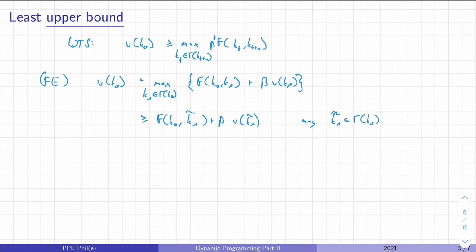But we also know that, again assuming that our choice might not be optimal, this is weakly smaller than, you might already see where we're going with this, again splitting up the functional equation.